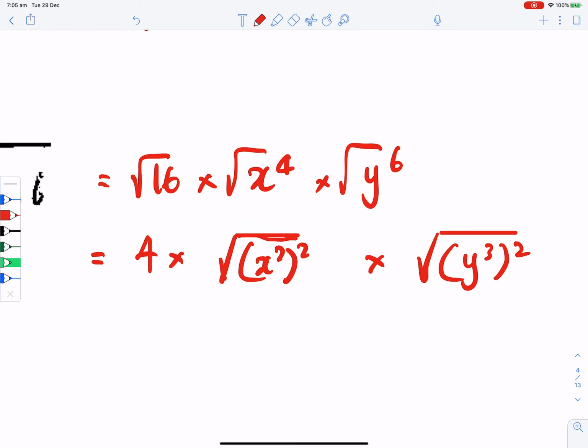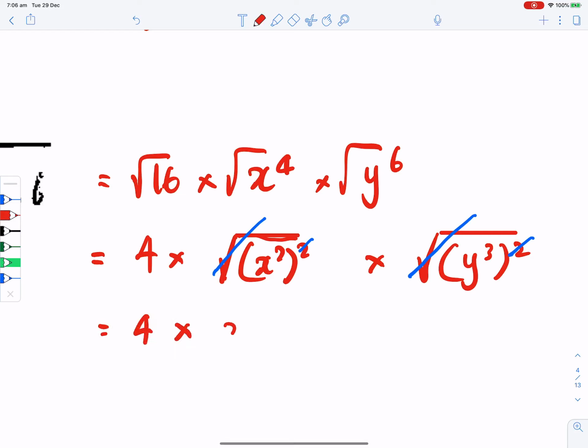I know that the square root and the squared are going to cancel. So I'm always looking for that squared in both of these. So what's going to happen now, this is going to be 4.